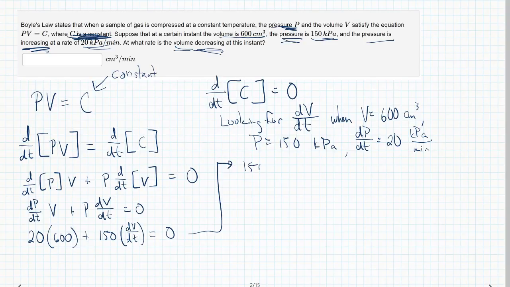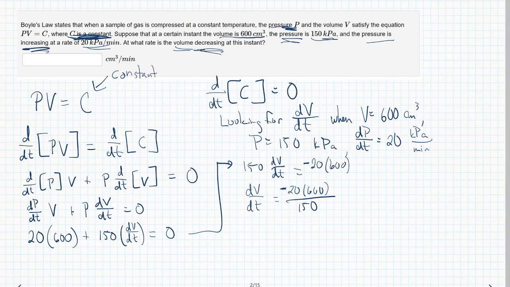So we get 150 dV/dt equals 20 times 600. A lot of people want to try and actually multiply that out. I'd recommend waiting in this case. You don't have square roots and stuff involved, so go 20 times 600. Oh, this should be negative over on this side now. So negative 20 times 600, all divided by 150.